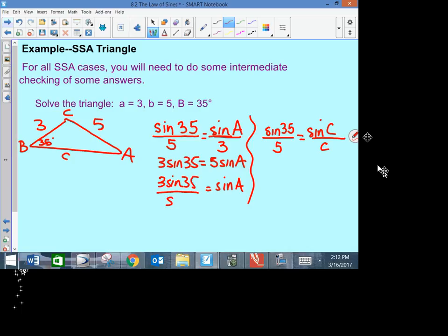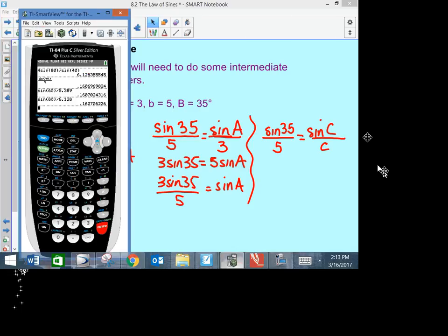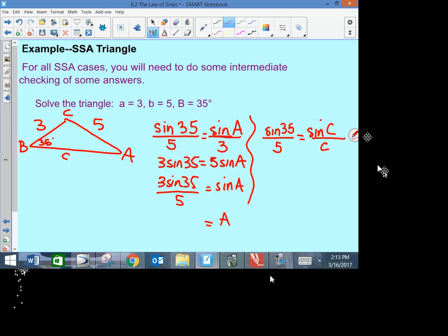Now, right now, you should be noticing, wait, we didn't have to do that. If I take the fraction 3 sine of 35 and put it over 5, that's not A, that's the sine of A, right? So what am I going to get for A? Inverse sine of that mess.